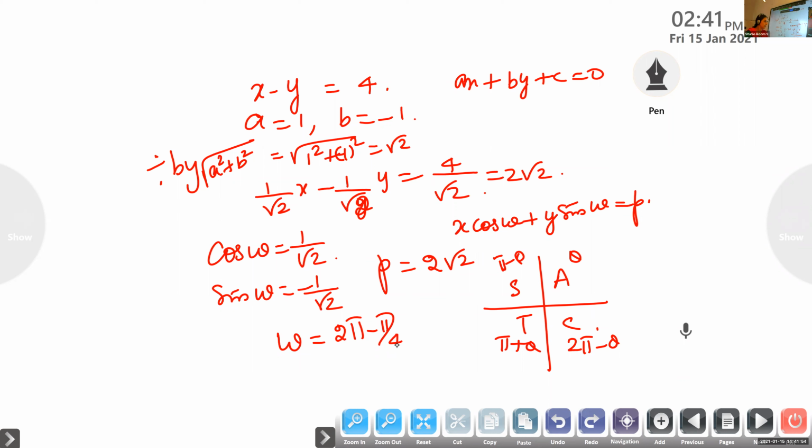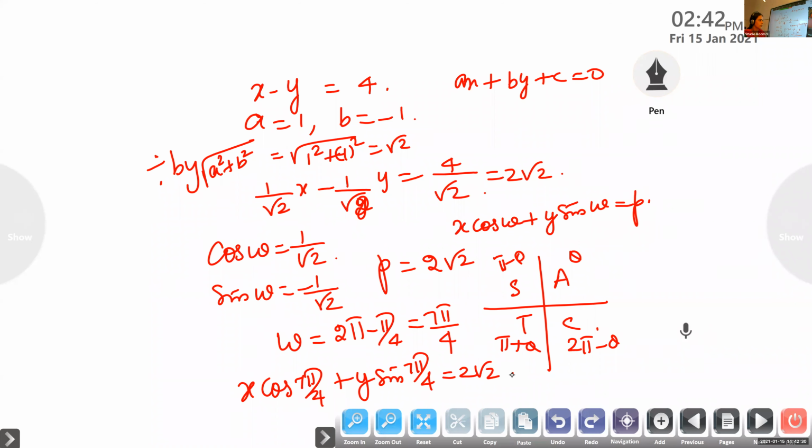Is it correct? Pi by 4 is 45 degrees. So it is 2 pi minus pi by 4, which is the same as 7 pi by 4. So what is the normal form? We can write this as x cos 7 pi by 4 plus y sin 7 pi by 4 is equal to 2 root 2.